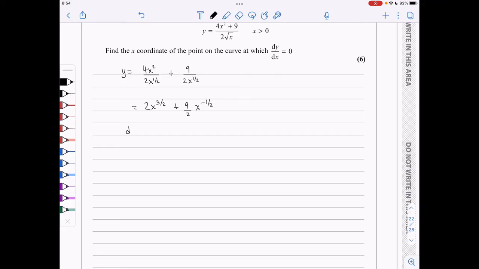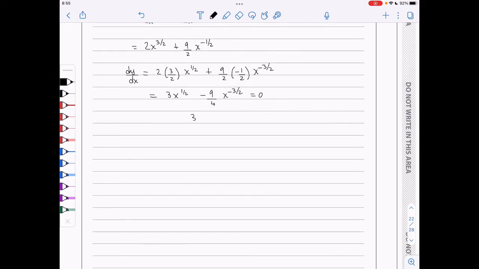This means that dy/dx is 2 times 3 over 2 x to the half plus 9 over 2 times minus a half x to the minus 3 over 2. I will simplify this into 3x to the half minus 9 over 4 x to the minus 3 over 2, and we need to set this equal to 0.